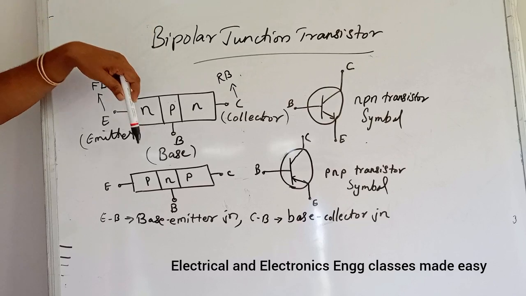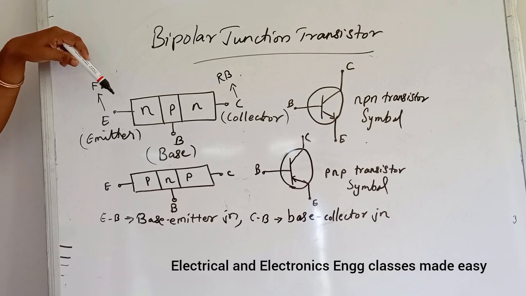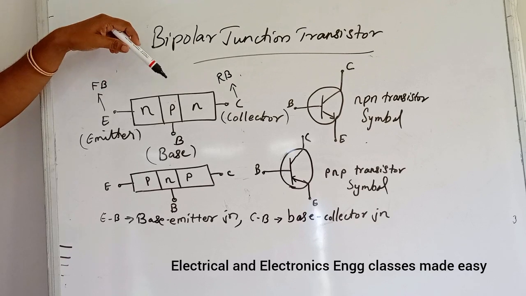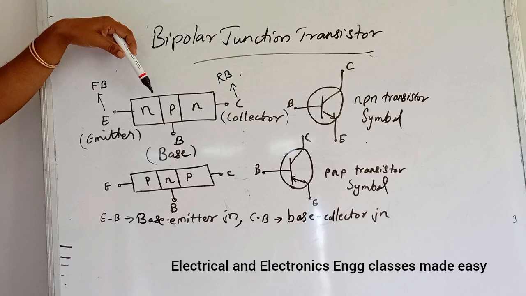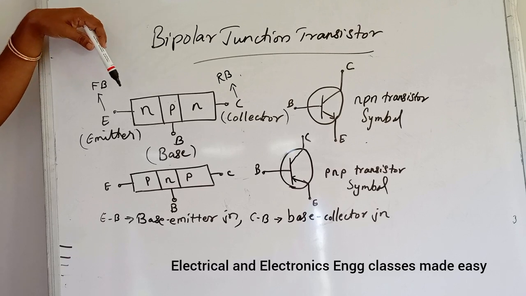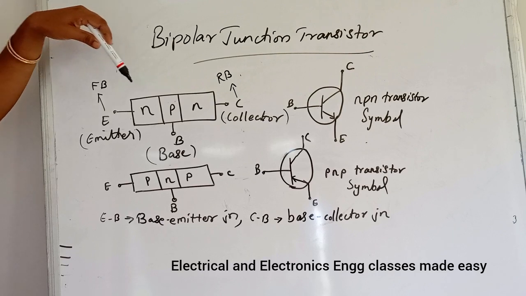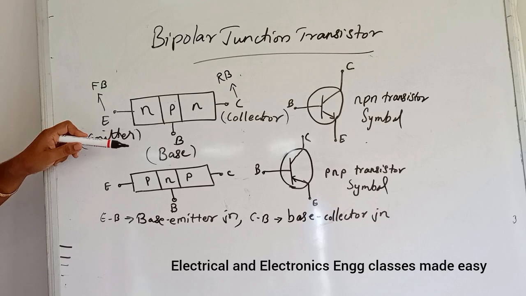Let us study about these regions. First one is emitter. The left hand region of the transistor is called emitter and is heavily doped than the other two regions, and its main function is to supply majority carriers to the base. The emitter is always forward biased with respect to the base. Next is base.